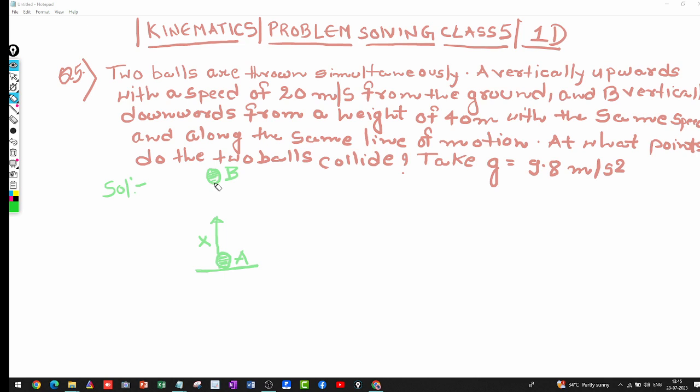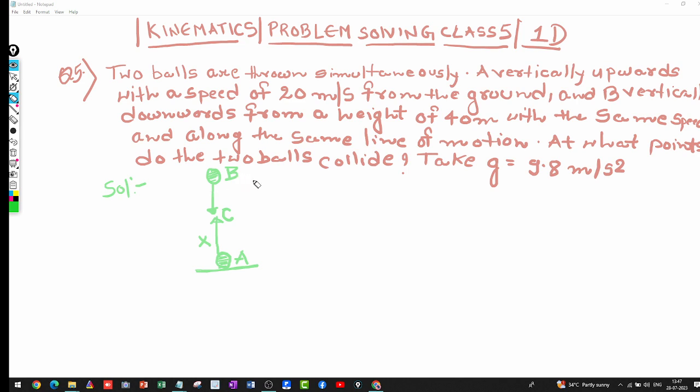This ball is coming vertically downward, right, and meeting at point C. Suppose this is the point C, because the question says with the same speed and along the same line of motion. So ball A and ball B, which is coming vertically downward, are along the same line of motion.